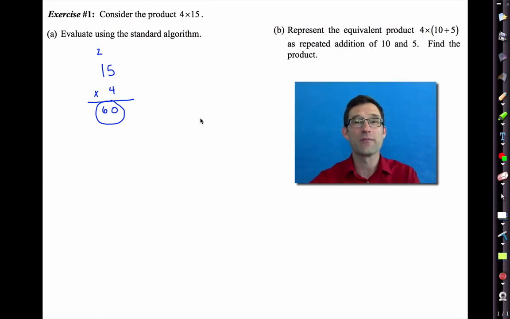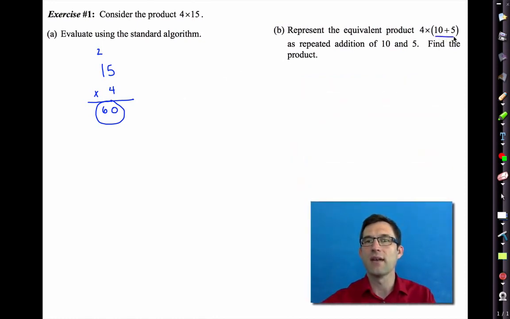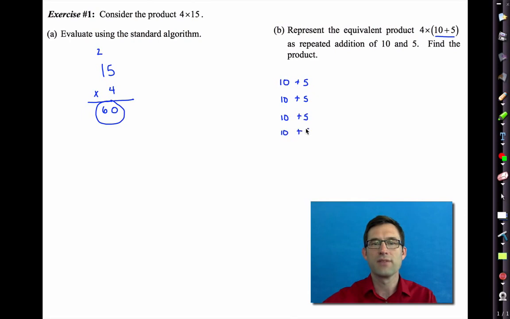But it does work. But now what we're going to do is think about multiplying 15 by 4 in a little bit of a different way. Obviously, 15 is the same as 10 plus 5. So really, 4 times 15 is the same as 10 plus 5, another 10 plus 5, another 10 plus 5, and another 10 plus 5, right?